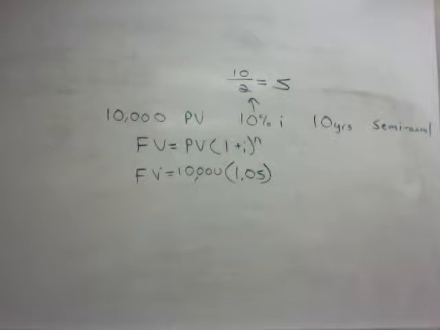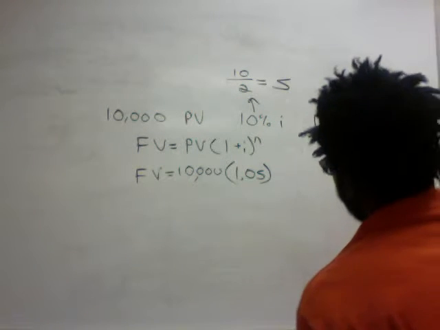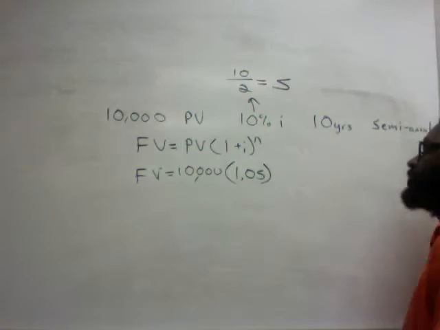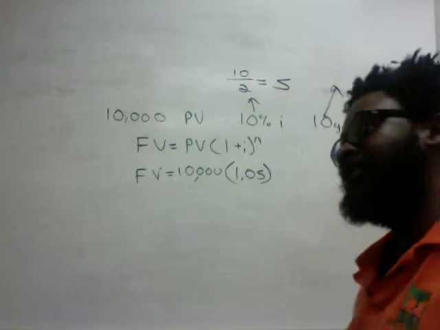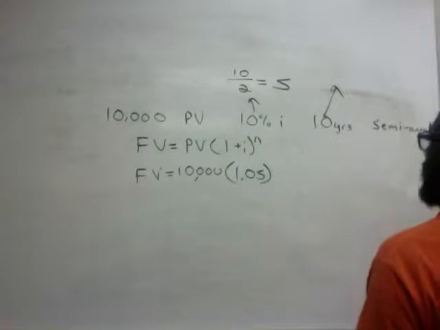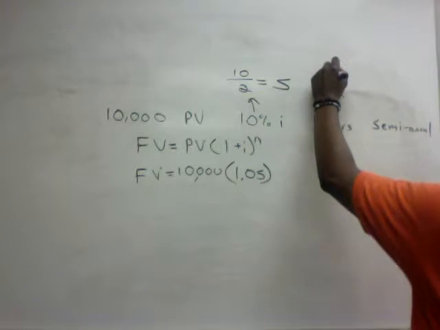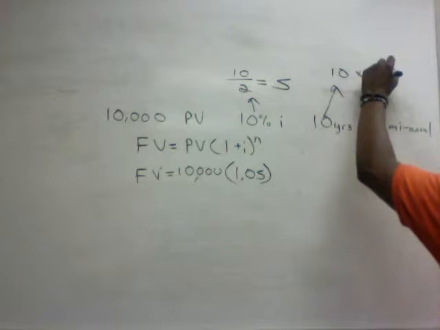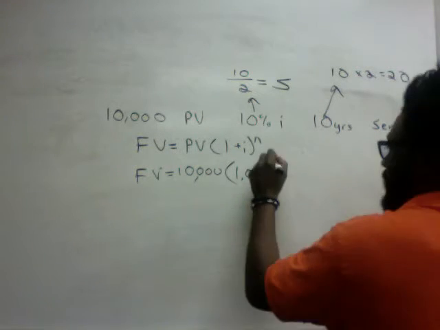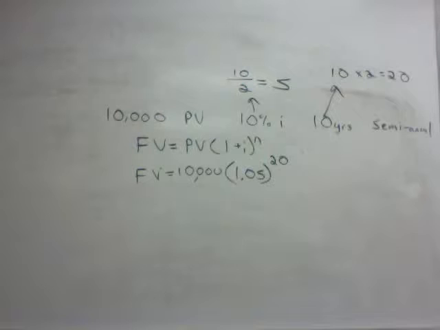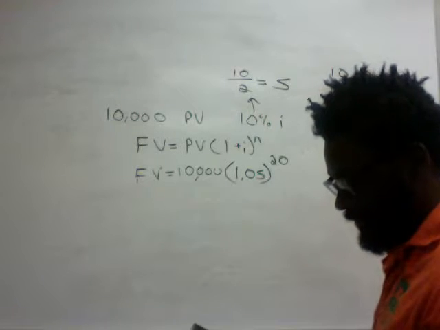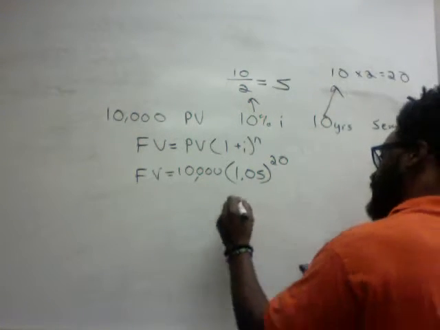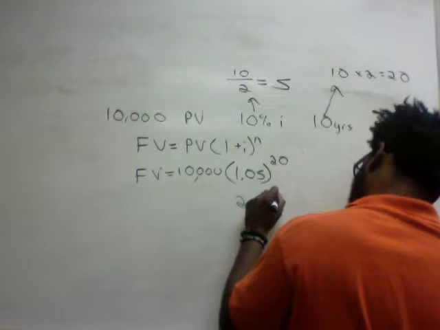And we also have to adjust the number of periods. We started out with 10 years, but the interest is happening twice a year. So every year the interest is happening twice, so this needs to get adjusted. The 10 needs to be multiplied times 2, which will give us 20. And so we'll put the 20 in there, and plug and chug. 1.05 to the 20th power gives us 2.6533.